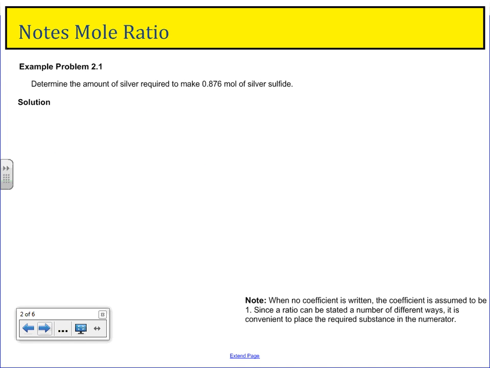In this example, it says determine the amount of silver required to make 0.876 moles of silver sulfide. The question gives us the number of moles of silver sulfide, which is 0.876 moles.